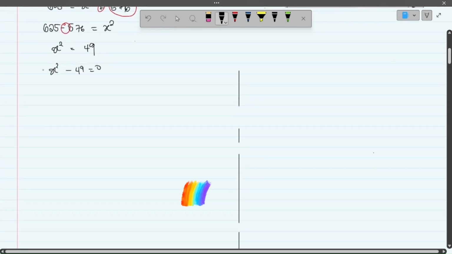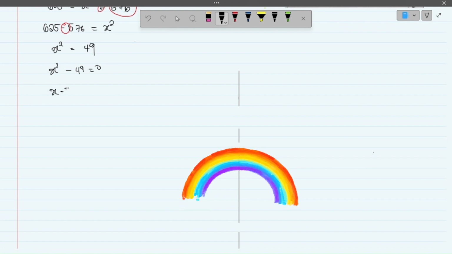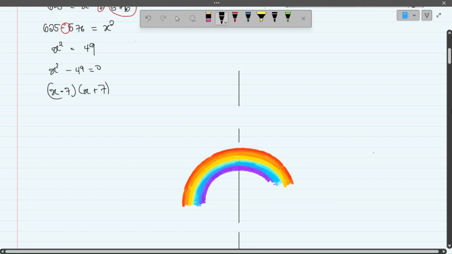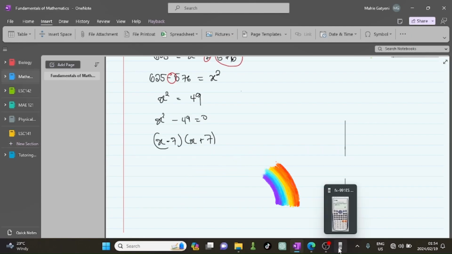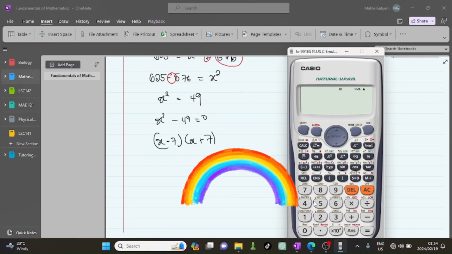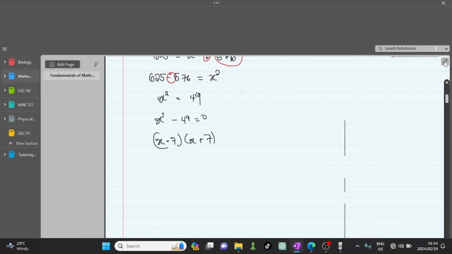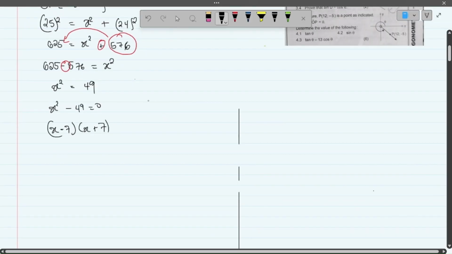The square root of 49 is 7, so it's (X minus 7)(X plus 7), because 7 times 7 gives you 49.